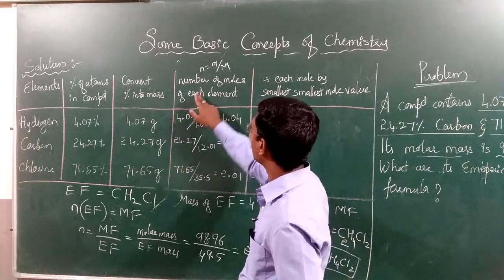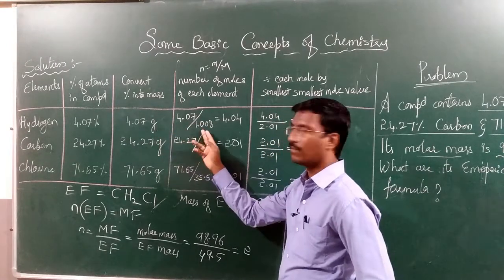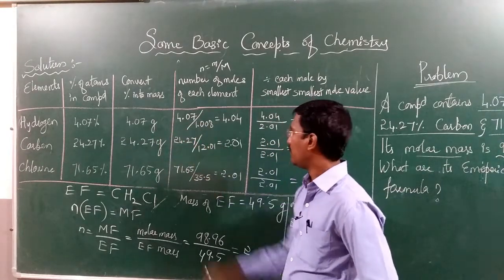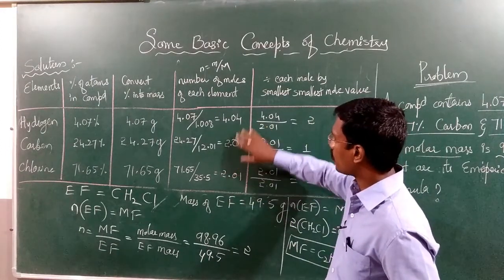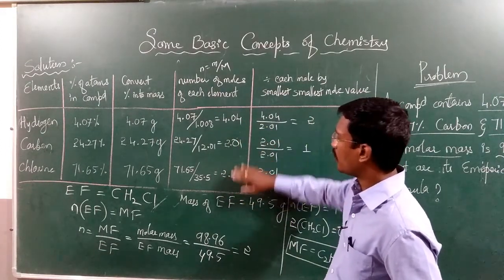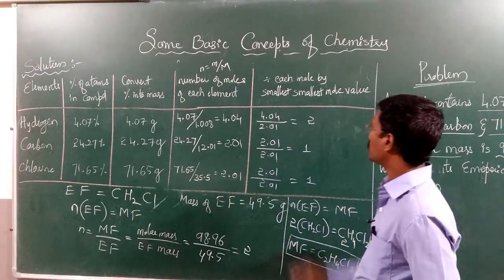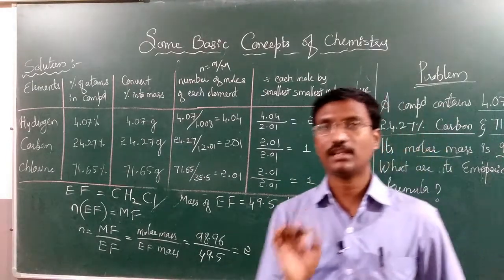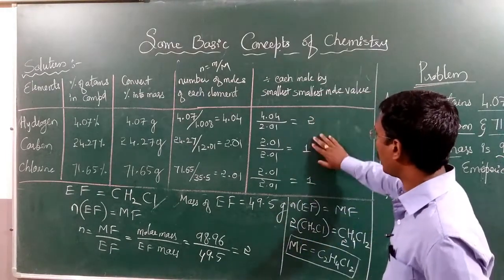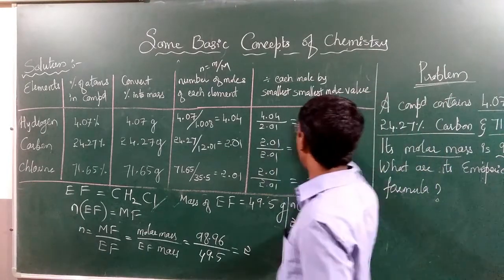And the next step is to calculate the number of moles of each element, which is the given mass divided by the mass of the single element. And you divide these numbers of moles by the smallest number. So we get the whole number of atoms present in that compound. This indicates the number of atoms in the compound. Using this value, you can directly write the empirical formula.